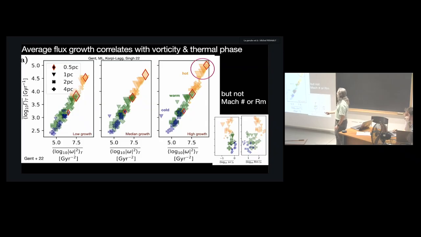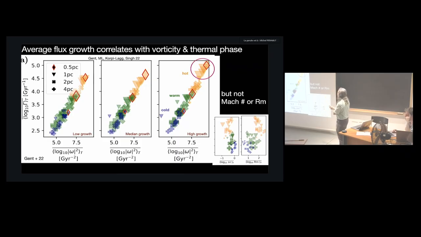On the other hand, what we do see is that the hot medium, okay, so the diamonds are the highest resolution models here, so you probably want to follow them. And I'm showing cold, warm, and hot, hot being 1,000,000 Kelvin, warm being 10 to the 4, cold being a few hundred, showing their field growth rate.